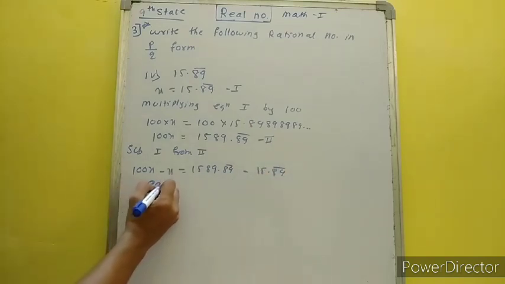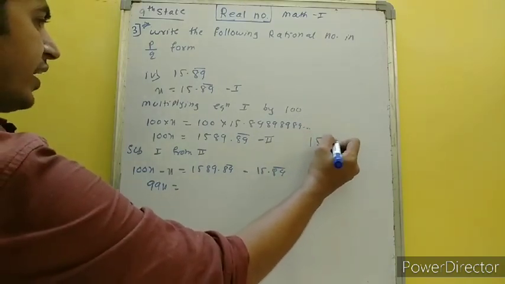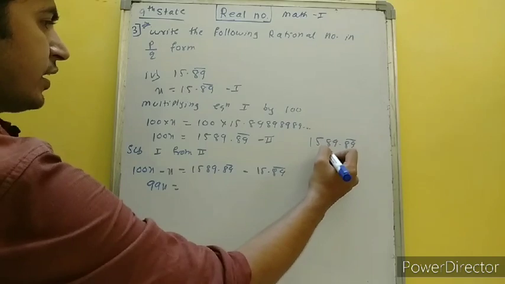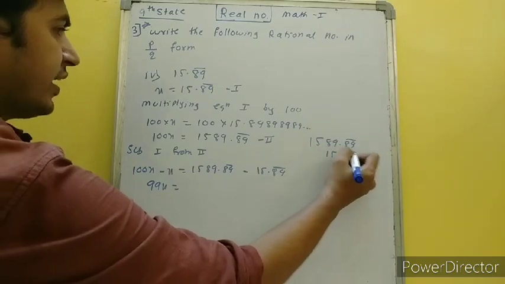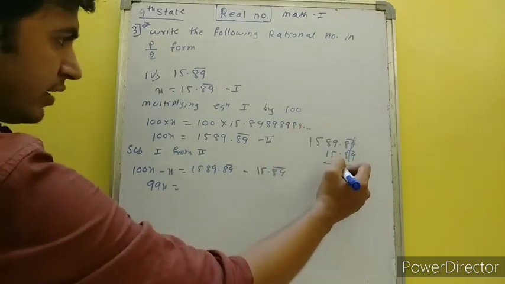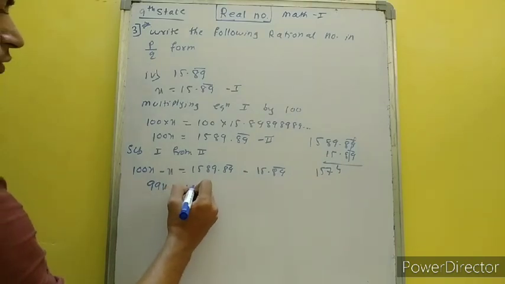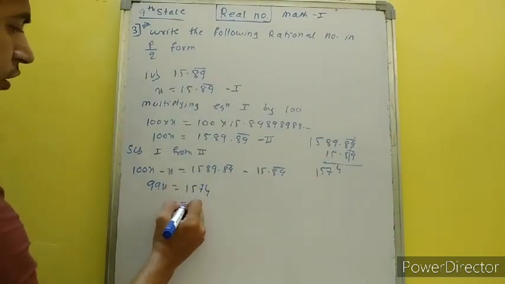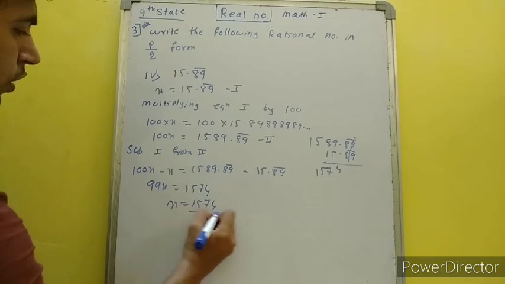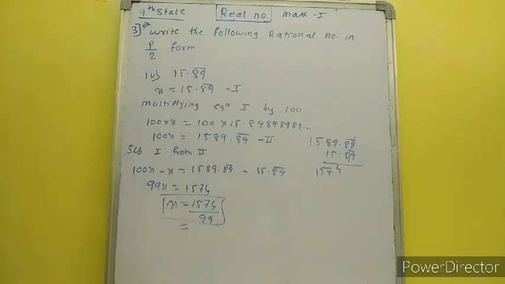So we have 99x equal to 1589.89 recurring minus 15.89 recurring, the same part gets cancelled. We have 9 minus 5, 4, 8 minus 1, 7, 5, 1. So we have 1574. The value of x is 1574 upon 99. Let me check the answer.